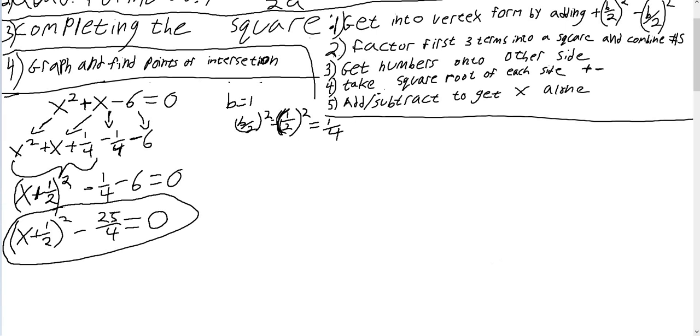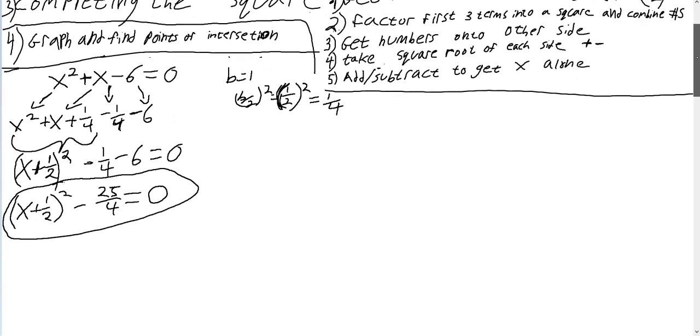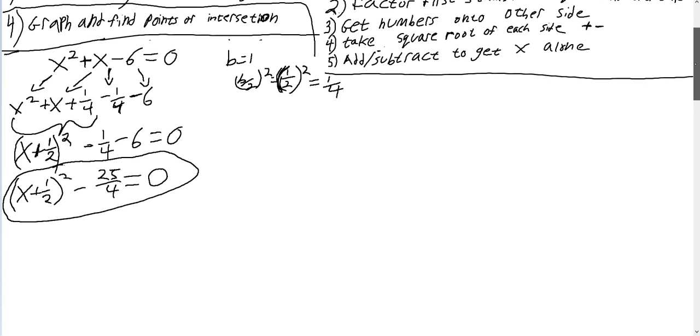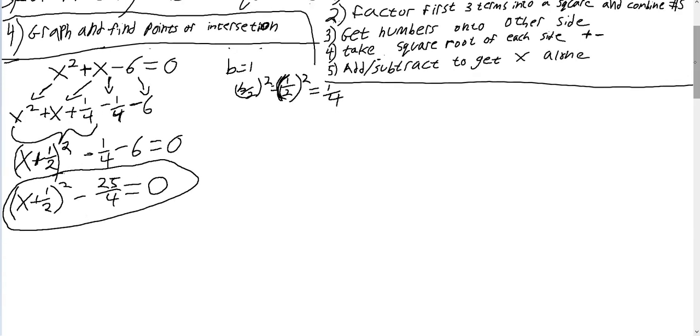Now continuing the completing the square process, the next step, step number 3, is to get the numbers onto the other side. To do that, we add 25 over 4 to each side. And we get x plus 1 over 2 squared equals 25 over 4.